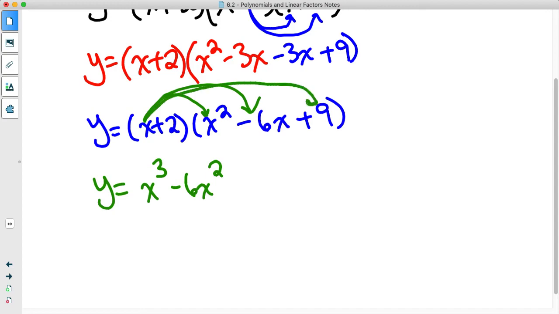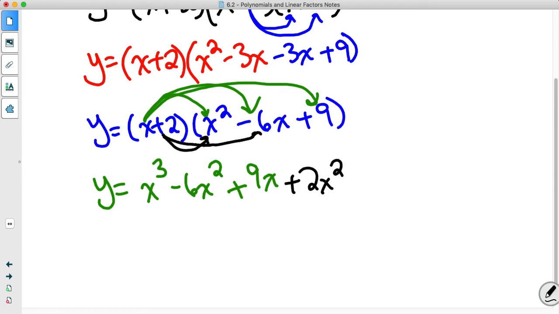And the last part, x times 9, is a plus 9x. Take the 2 times x squared. That gives me a plus 2x squared. 2 times negative 6x is negative 12x. And the last part here, 2 times 9, gives us 18.